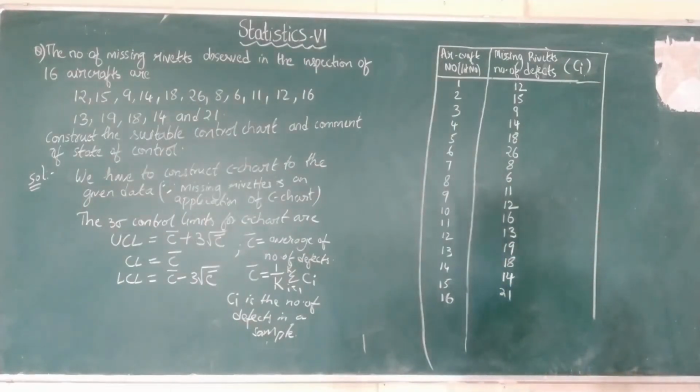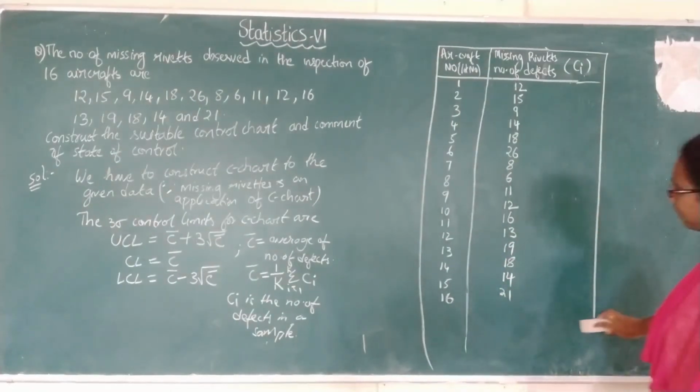So these are now the required Ci values and the required sample numbers.